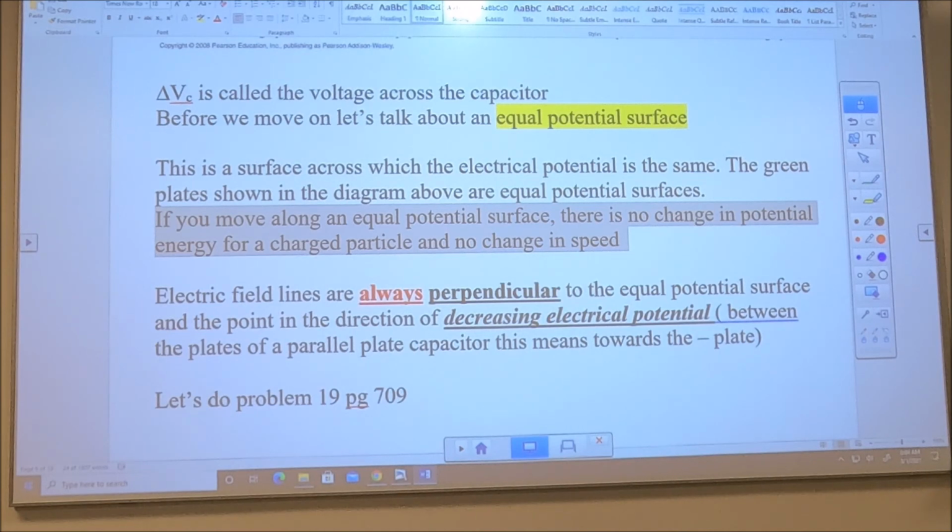If you move along an equal potential surface, there's no change in potential energy for a charged particle, and there would be no change in speed because they're not experiencing any kind of net force. Electric field lines are always perpendicular to equal potential surfaces, and point in the direction of decreasing electrical potential. So if we're looking at the plates of a parallel plate capacitor, it points towards the negative plate.